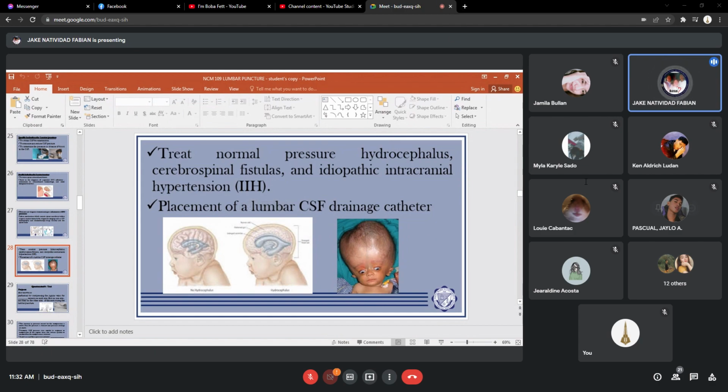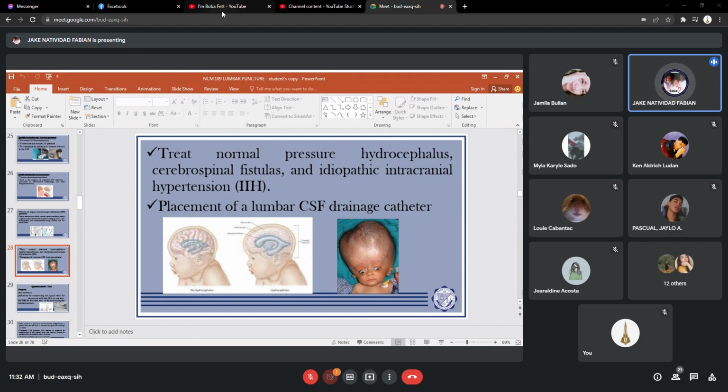Next, idiopathic intracranial hypertension. You just have to remember that your idiopathic intracranial hypertension is characterized by a very high pressure in the brain.